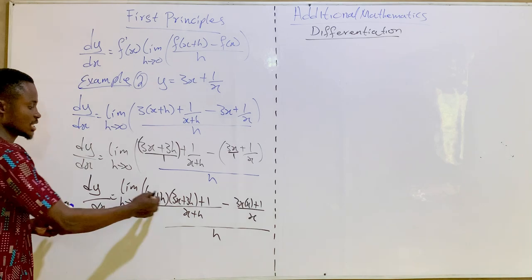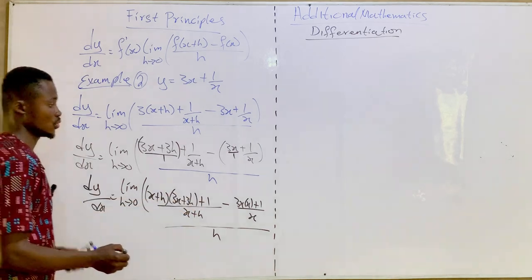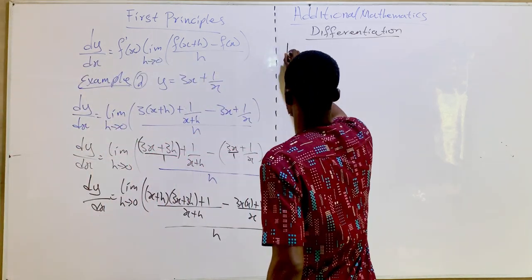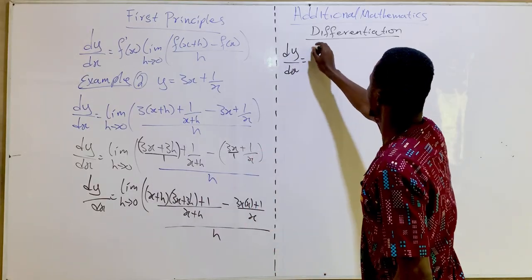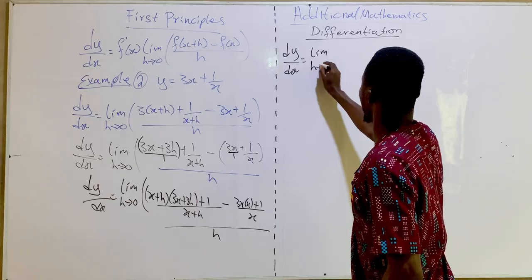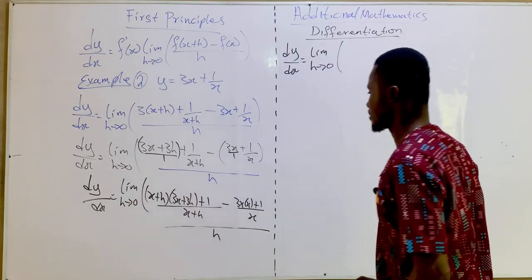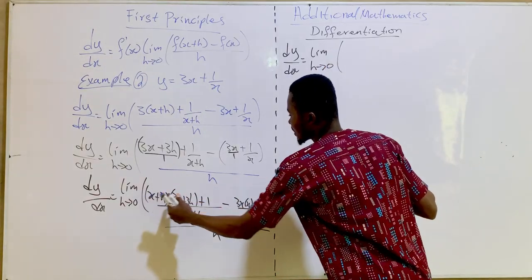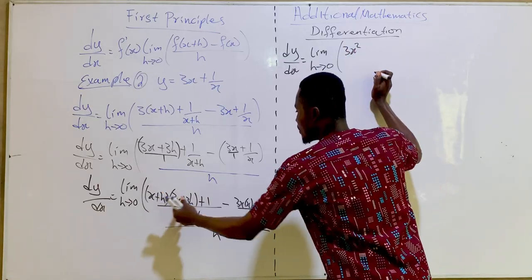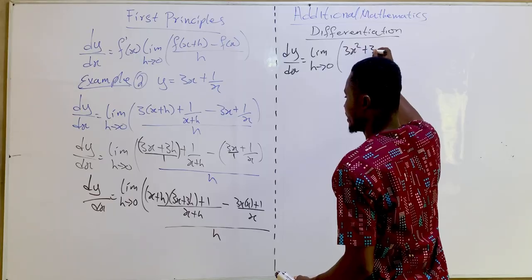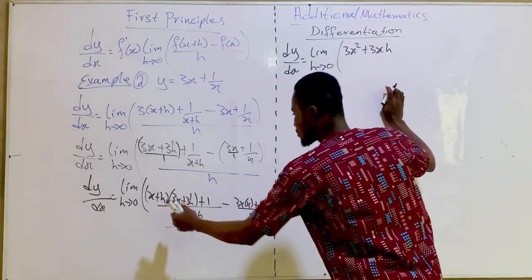The next step is to expand this bracket. So our dy over dx will be equal to the limit of h approaches 0 of the bracket: x times 3x will give us 3x squared, plus 3xh.